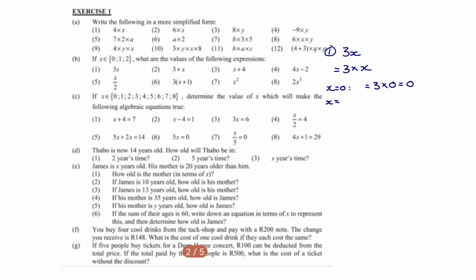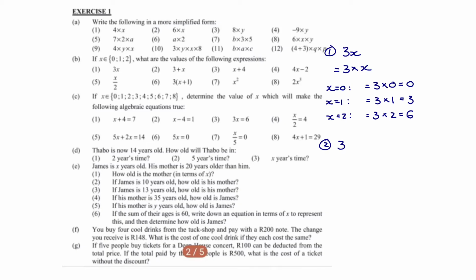If x is equal to 1, then the answer will be 3 times 1, which is then 3. And if x takes on the value of 2, then the expression will be 3 times 2, which is equal to 6.